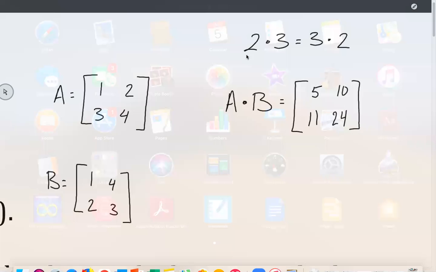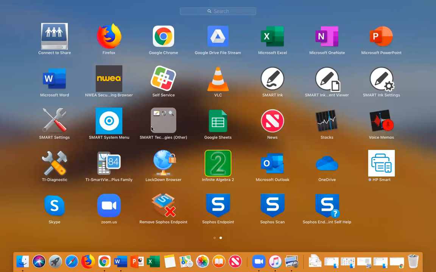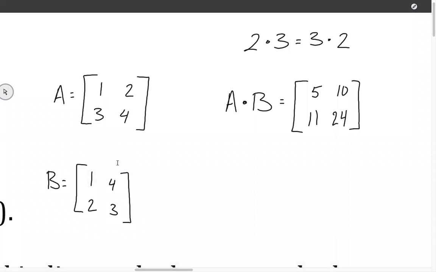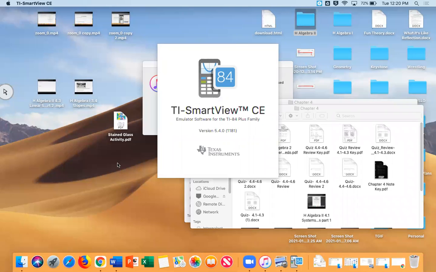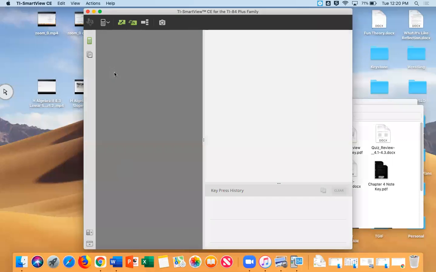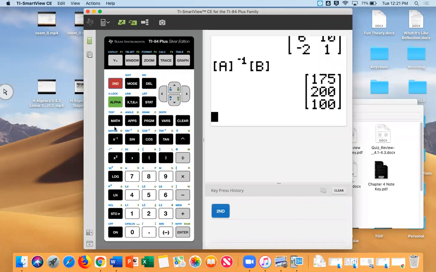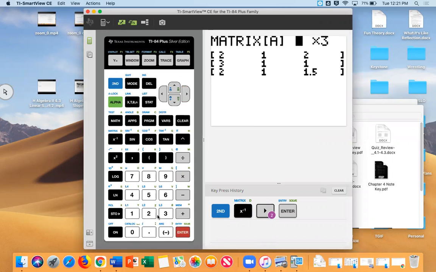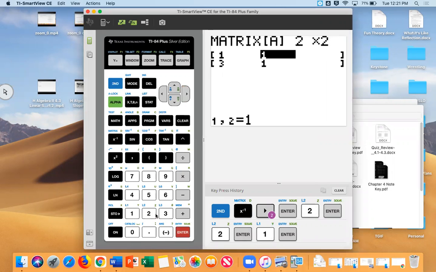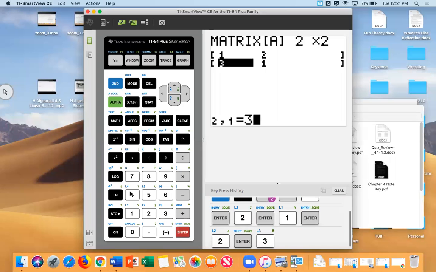All right, so this is all I'm asking you to do. Type in the matrices and do A times B. So it's a 2 by 2 matrix, and the numbers were 1, 2, 3, 4.